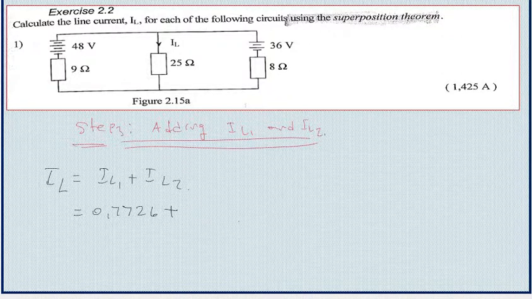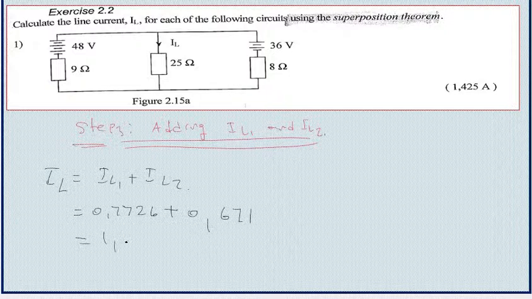The new one is 0.671, and I will end up with the total, which is equal to, if I add that one, I get a value which is close to the one that they found. Yeah, that's it.